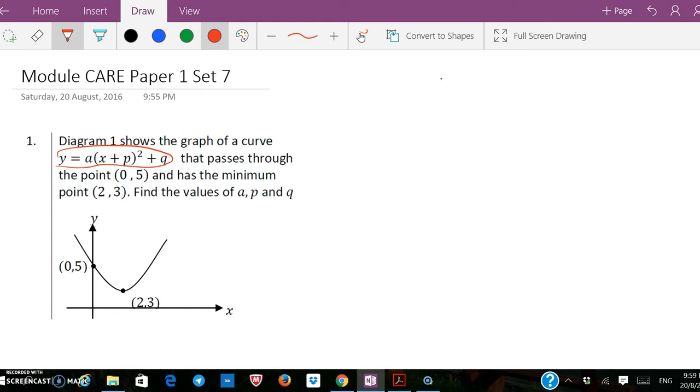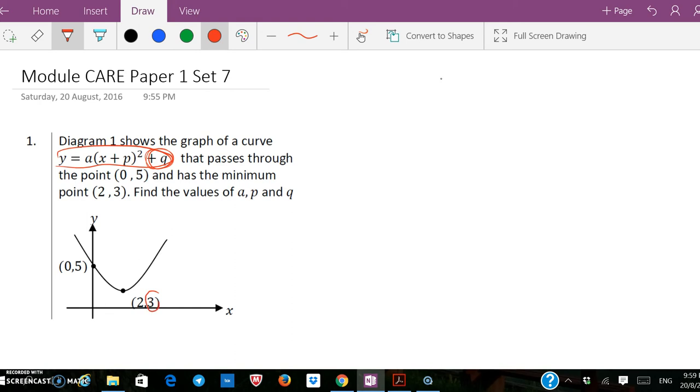The first is that the value of q is the minimum value. A minimum value represents the y coordinate, so when you look at the diagram, the minimum value of y is at the minimum point.